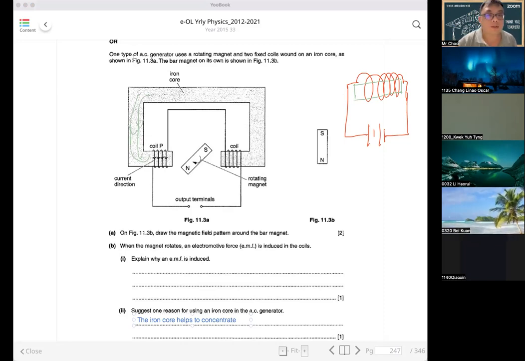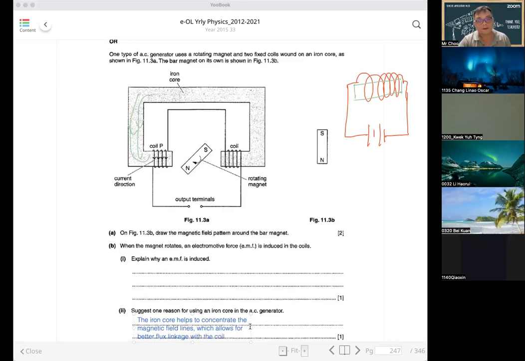So it allows the field lines to go through it and therefore concentrates the magnetic field lines, which allows for better flux linkage with the coil.